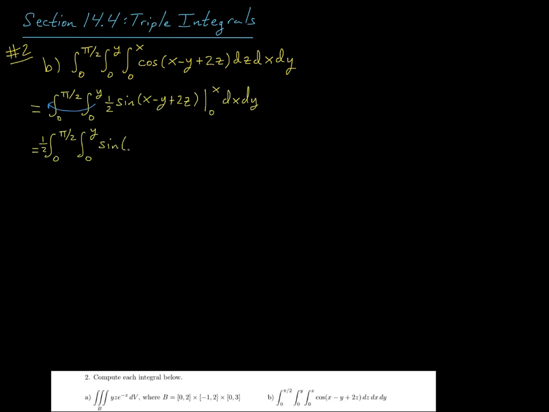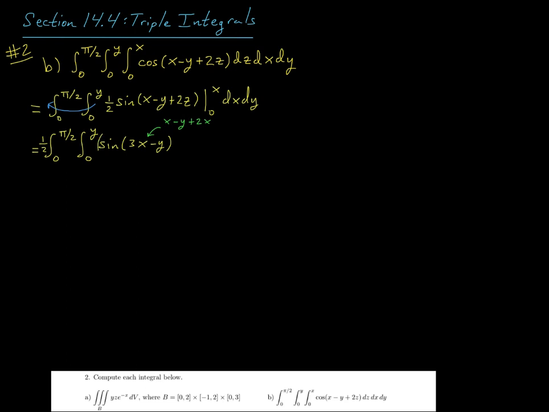We're going to get the sine of x minus y plus 2x. So x and 2x would give us 3x, and then we're subtracting the y. So I'll make a little note here that the 3x minus y really came from x minus y plus 2x, and then we just combine those x's.